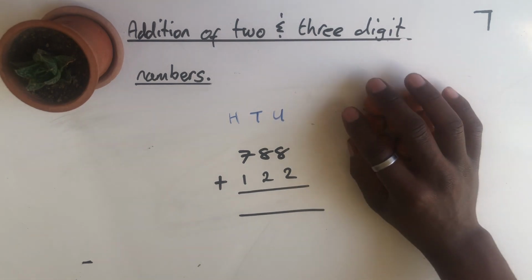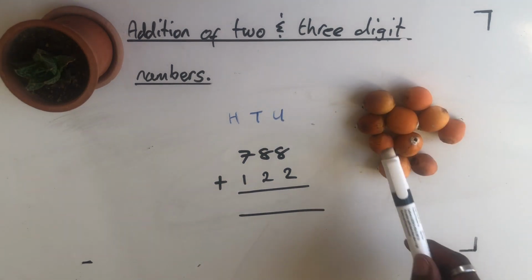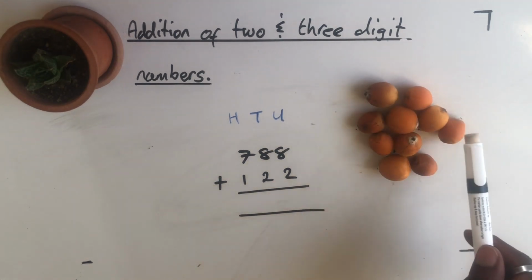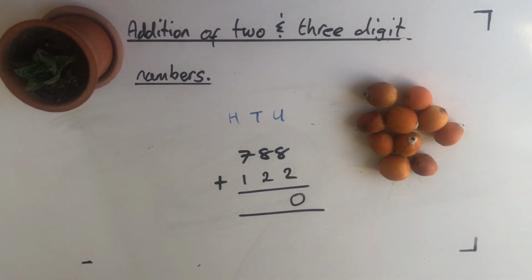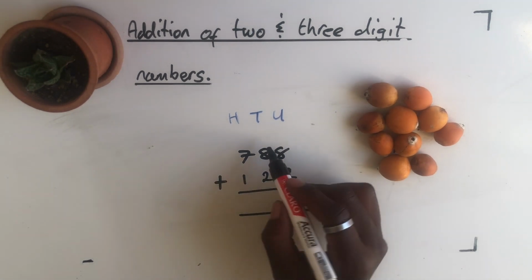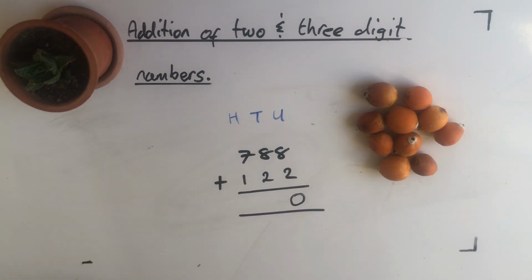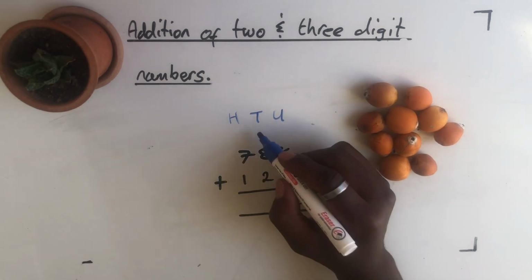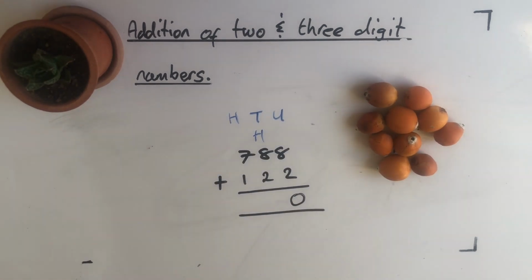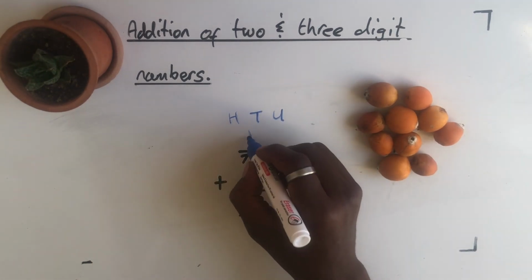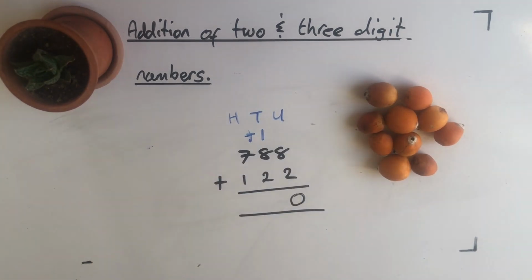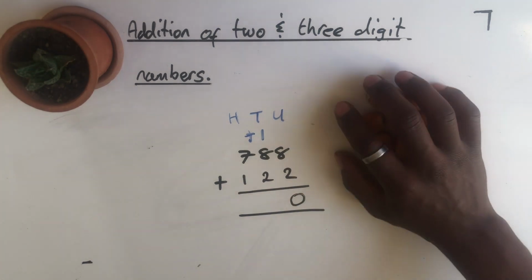Put those together. That gives me 1, 2, 3, 4, 5, 6, 7, 8, 9, 10, right? So I put my 0 there, representing the units and the 10. And then I have to carry that 1 onto the tens there. Sorry, that's not as clear. Plus 1, okay? So that's been carried.